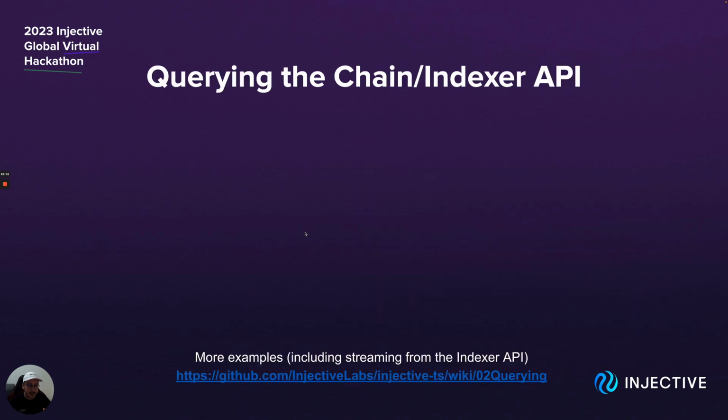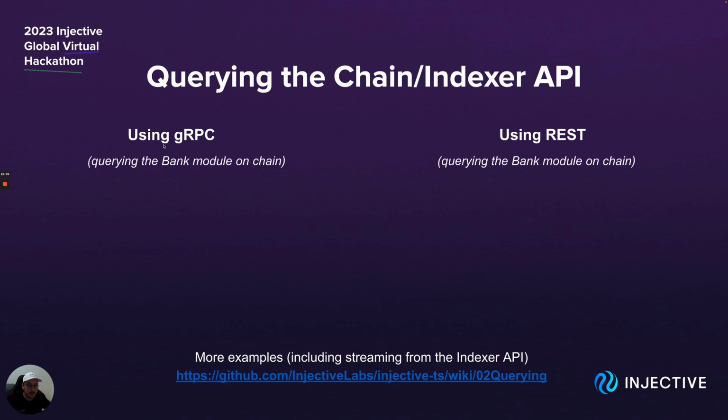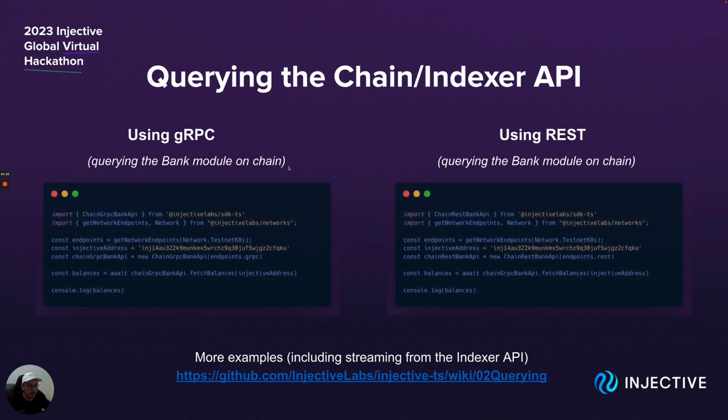So let's see some examples on how to query the chain or the Indexer API directly. On the left side, we have the gRPC way of querying the data, and on the right side, we have the REST way of querying the data. And on both sides, we query the bank module on the chain itself. We want to fetch the balances for some Injective address on the chain.